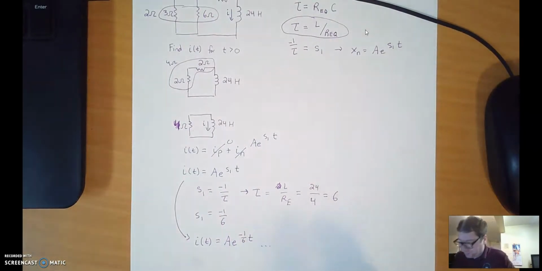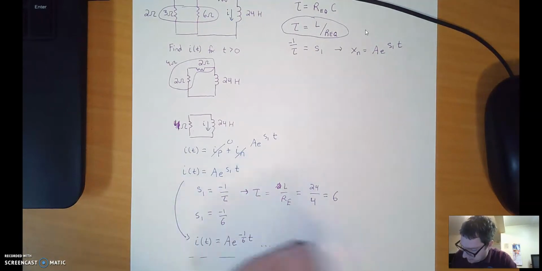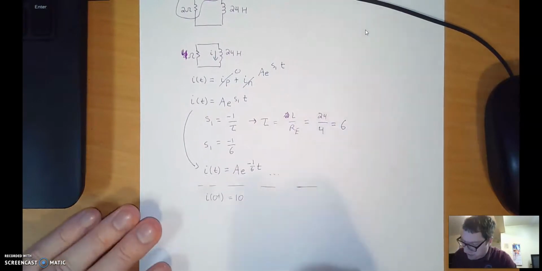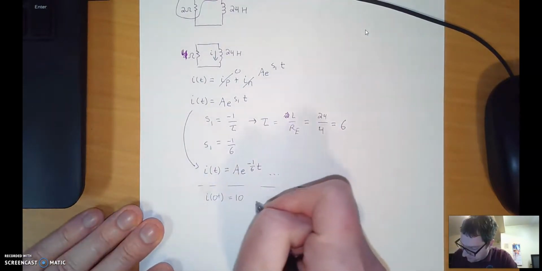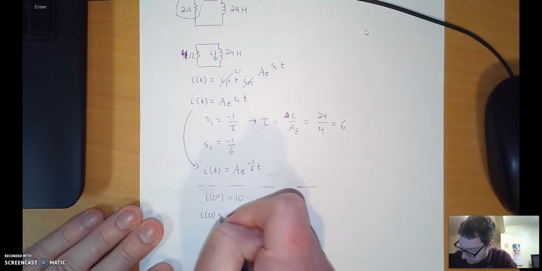We found S1, and again, the last thing you always want to find is A, our constant. Our constant is based on our initial condition. If you read the problem, it tells you that I of 0 plus is equal to 10 amps, which means we can just plug in 0 for t in our equation. So I of 0 is equal to 10.